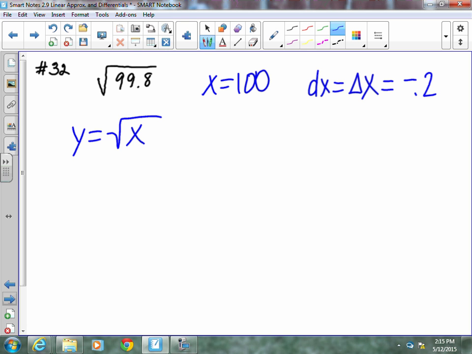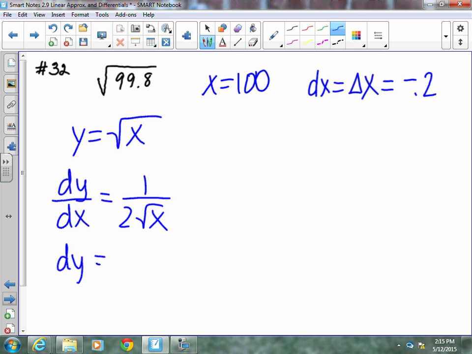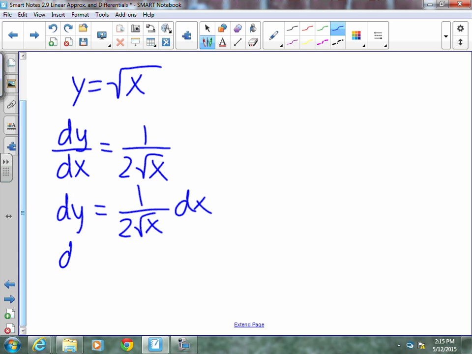So, let's talk about this. We already derived this on the previous page to get 1 over 2 radical x. And that means dy is 1 over 2 radical x times dx. We figure out what this equals. We get 1 over 2 times radical 100 times negative 0.2.